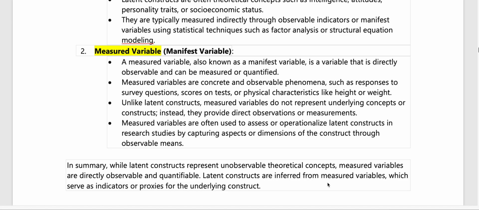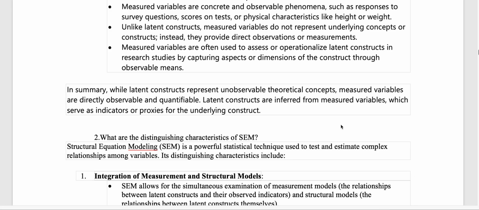They are often used to assess the operationalized latent construct in research studies by capturing aspects and dimensions of the construct through observable means. In summary, while latent constructs represent unobservable theoretical concepts, measured variables are directly observable and quantifiable. Latent constructs are inferred from the measured variables, which serve as indicators or proxies for the underlying construct.